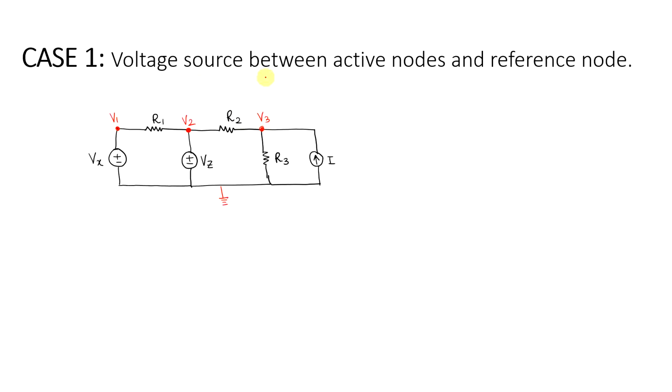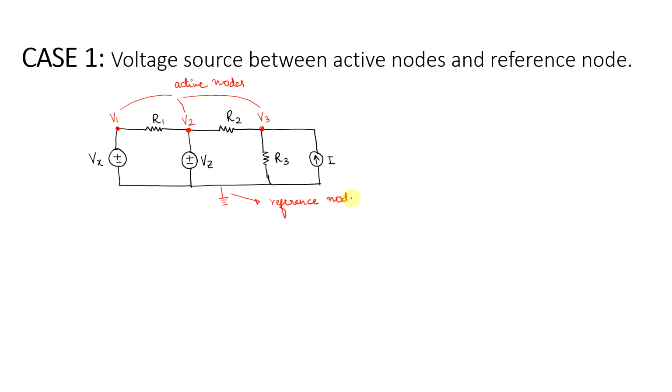This case corresponds to a voltage source present between an active node and a reference node. So if you observe, you have the voltage V1, voltage V2 and the voltage V3, which are all active nodes. I told you, right? Active nodes are nothing but your simple nodes and principal node. And this is your reference node.